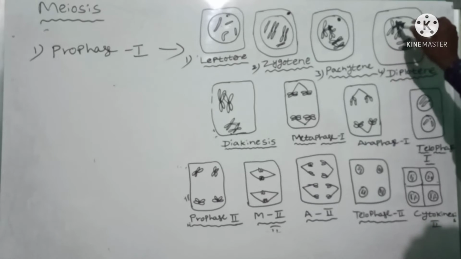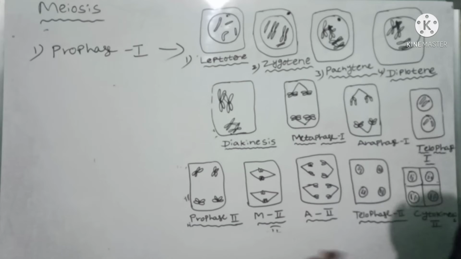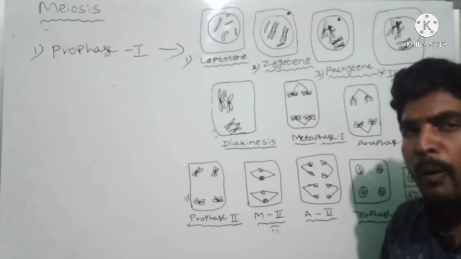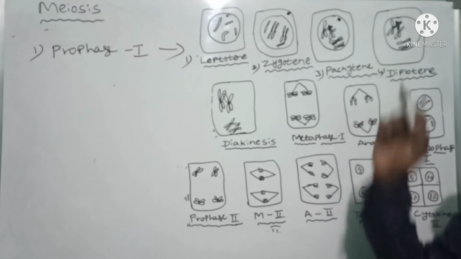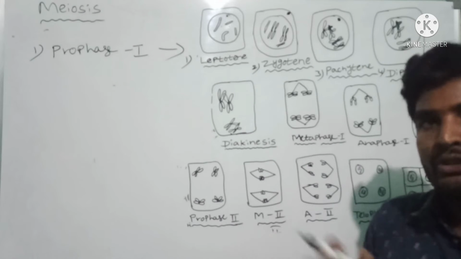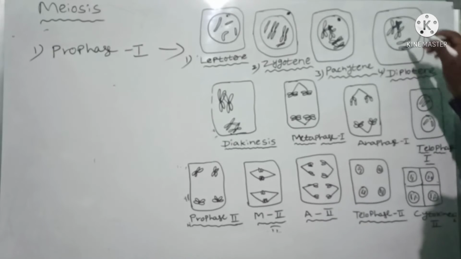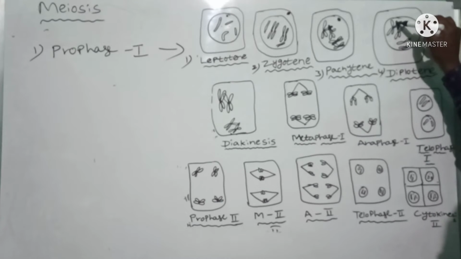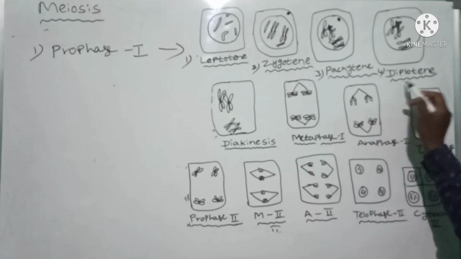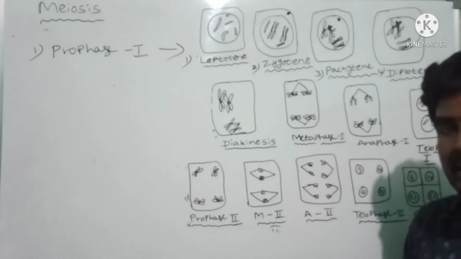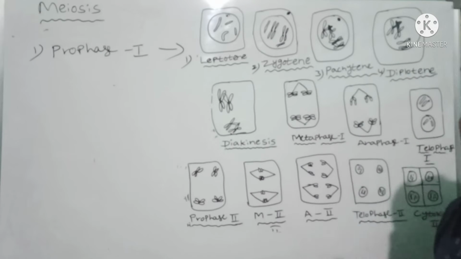What is the chiasma? The point where the non-sister chromatids separate and fuse. Here it clearly shows an X shape. So this is the best identification for the diplotene stage.